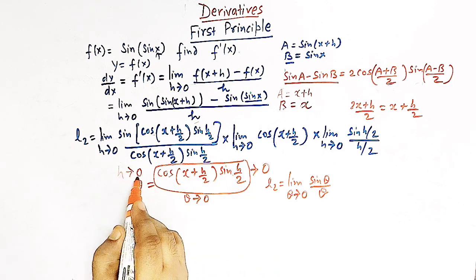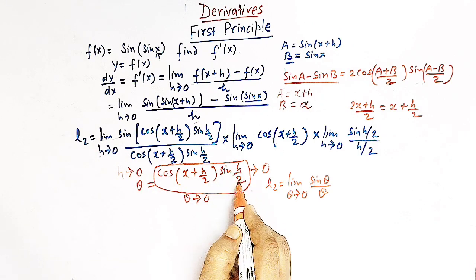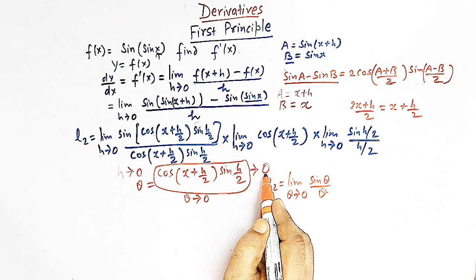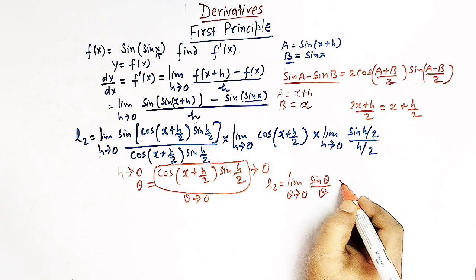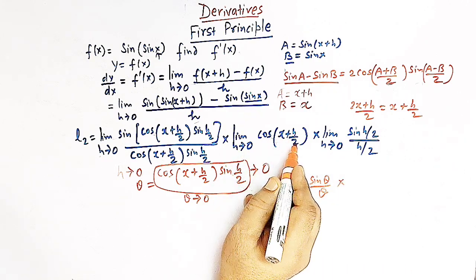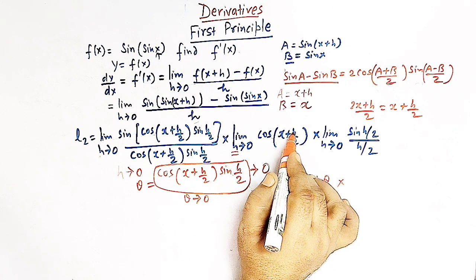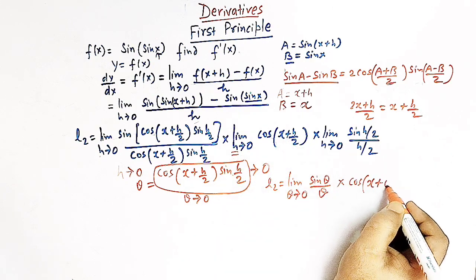When h tends to 0, this term, sine h over 2, tends to 0. So this entire term tends to 0, which implies theta tends to 0. Then we have limit h tends to 0 cos x plus h over 2. When h tends to 0, we have simply cos x plus 0.